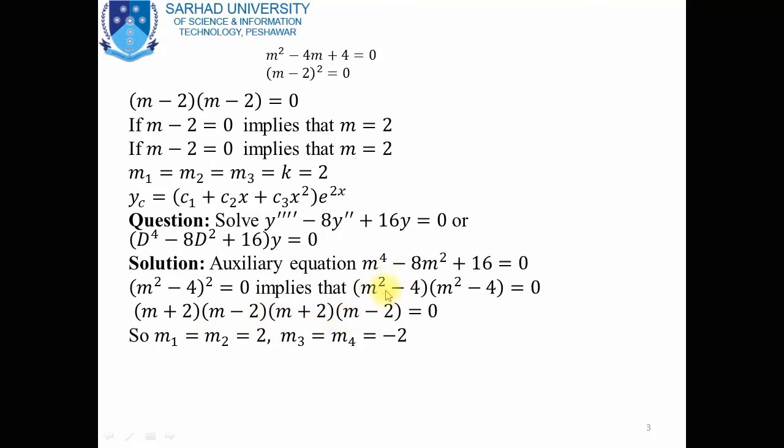This is the formula of a^2 minus b^2. So there are four roots: m1 is equal to m2 is equal to 2, and m3 is equal to m4 is equal to minus 2. So these two roots are real and repeated, and these two roots are also real and repeated.